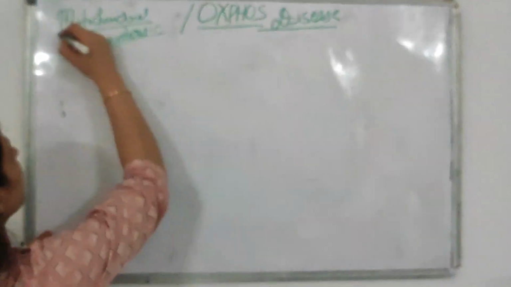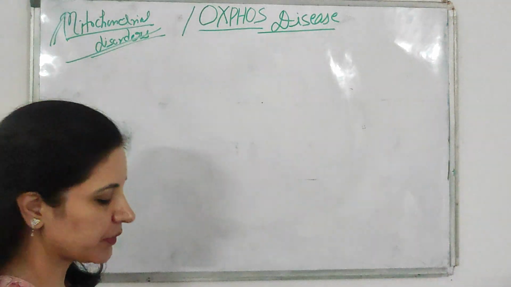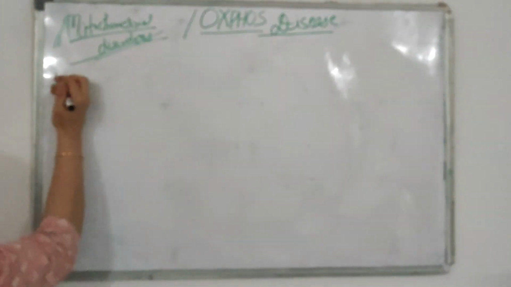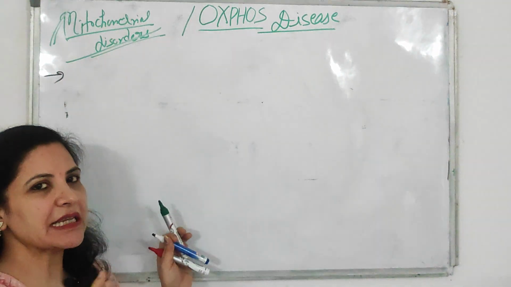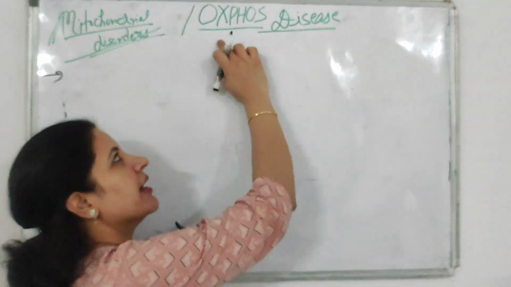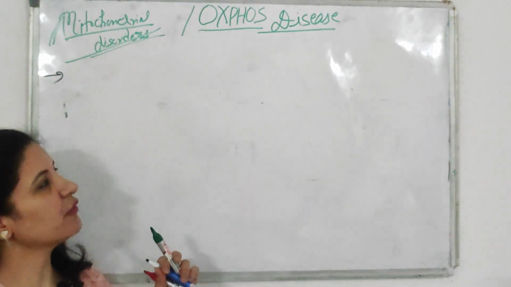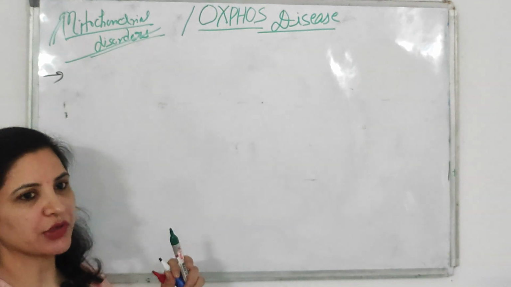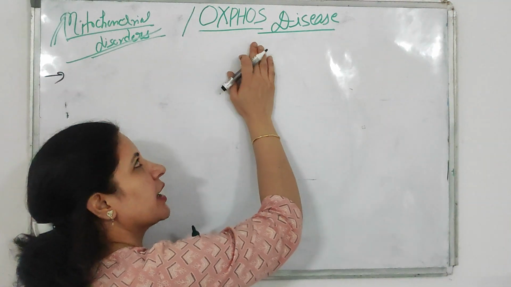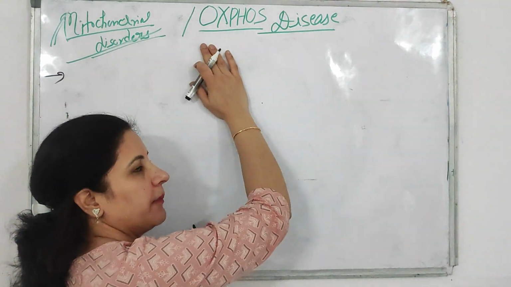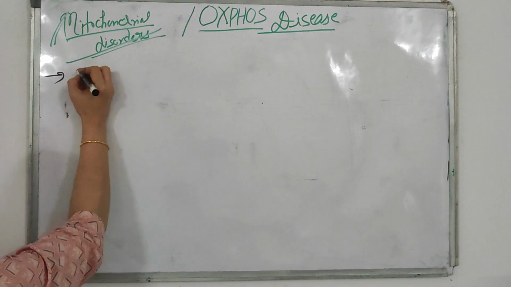So what is OXPHOS disease? OXPHOS, as the name suggests, refers to disorders related to oxidative phosphorylation. Ox means oxidative, phos means phosphorylation, so the term OXPHOS comes from oxidative phosphorylation.